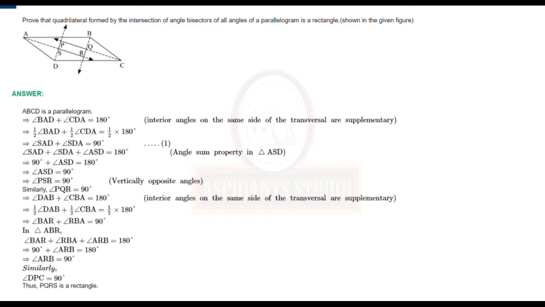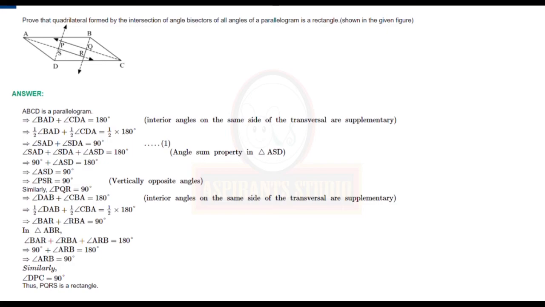Now take triangle ABR. In triangle ABR, measure of angle BAR plus measure of angle RBA plus measure of angle ARB is equal to 180 degrees because angle sum property. We have used sum of the measures of the angles in the triangle is 180 degrees.